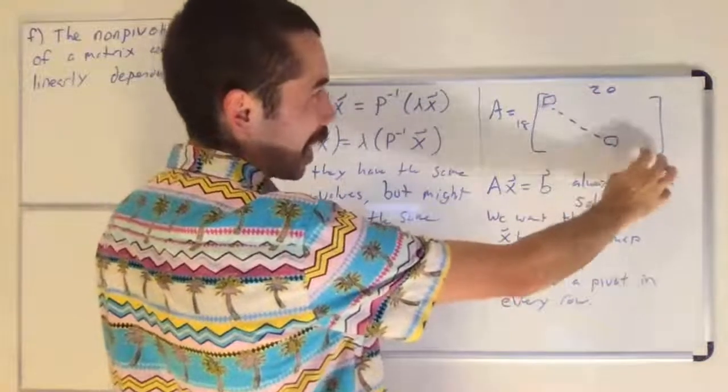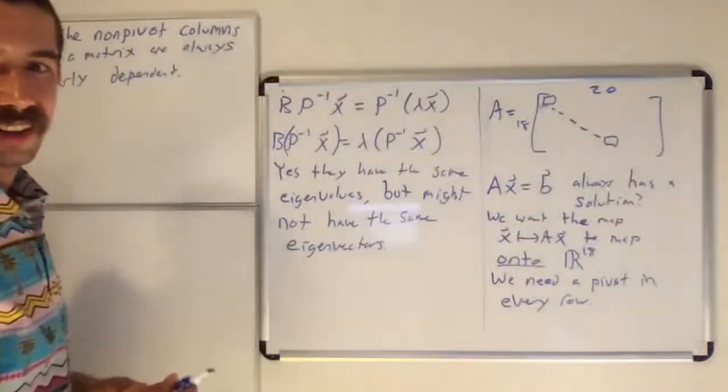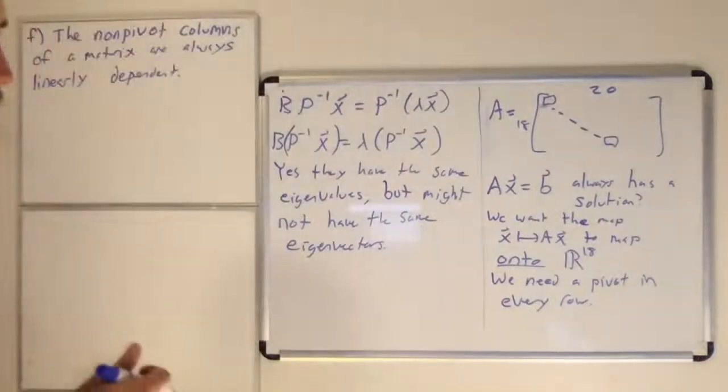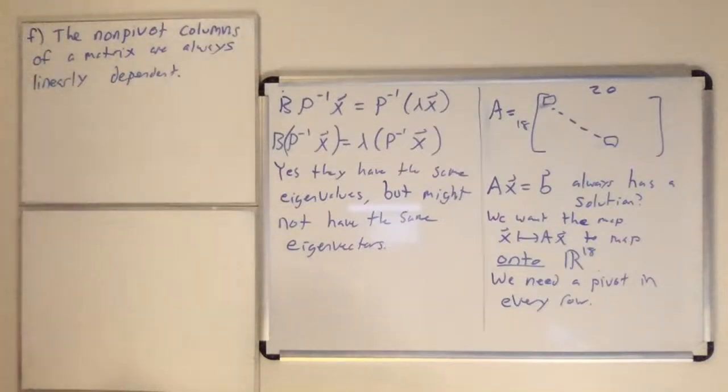Our matrix A had two non-pivot columns, and at least I have convinced myself that this is probably false. We should try to craft up a counterexample to show it's false.